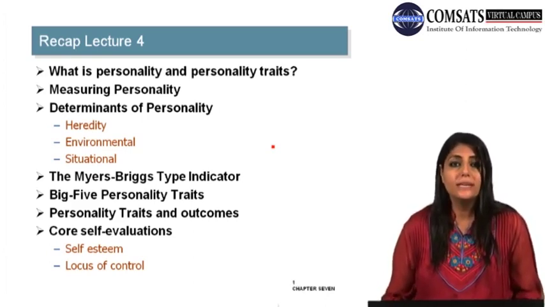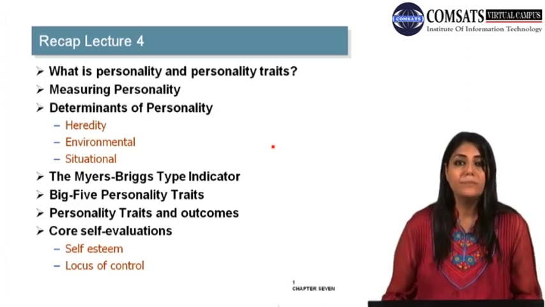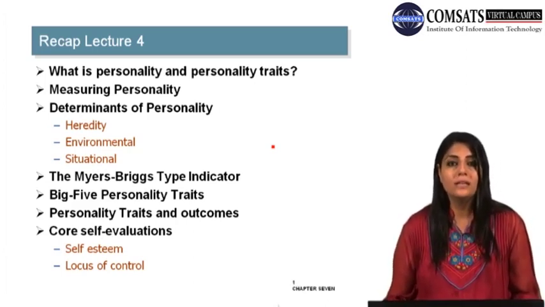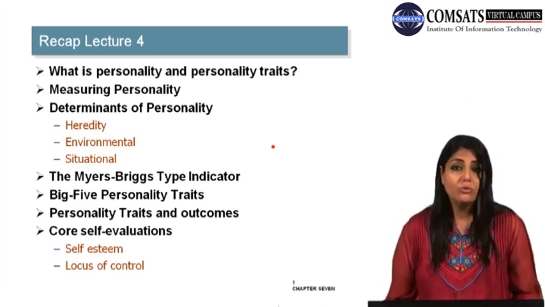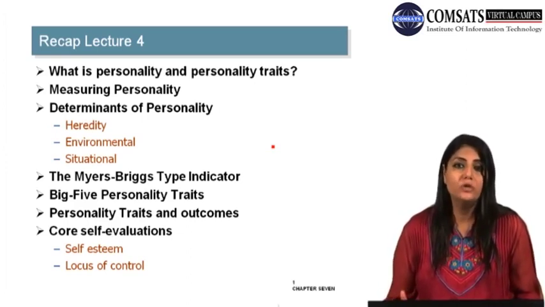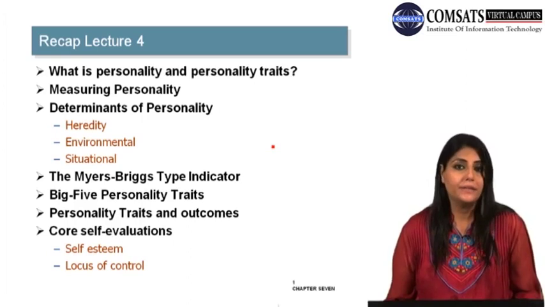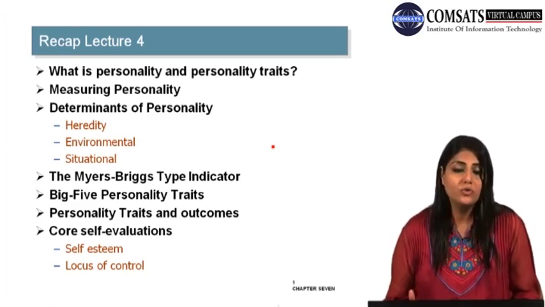And our organization is really concerned about the behavior of the employees at the workplace because that behavior has a number of important consequences which are important not only for the individual but also for the organization. So we discussed that from the perspective of the organization, it is important that employees' behavior should be aligned with the required behaviors from the organization, or the behavior of the individual or the attitudes of the individuals.